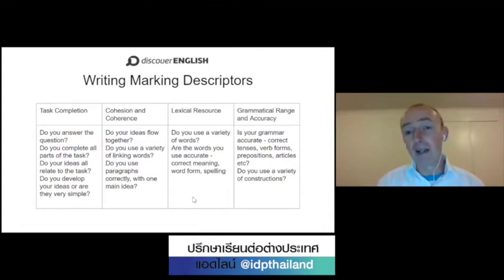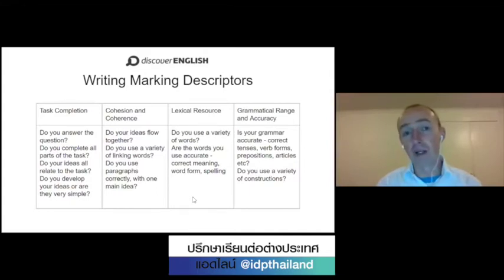And then the last section there is grammatical range and accuracy. That's talking about how accurate your grammar is. For example, are your tenses accurate? Are your verb forms correct? Are you using the correct prepositions, etc.? And are you using a variety? As it says down there, do you use a variety of constructions?